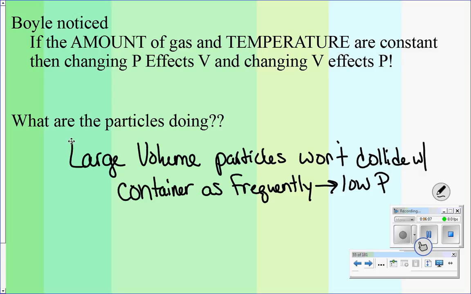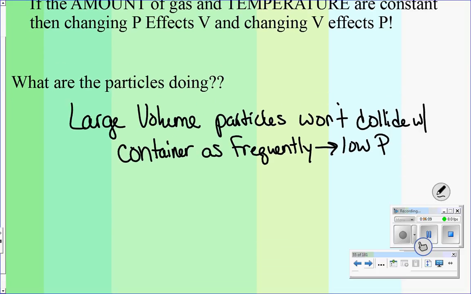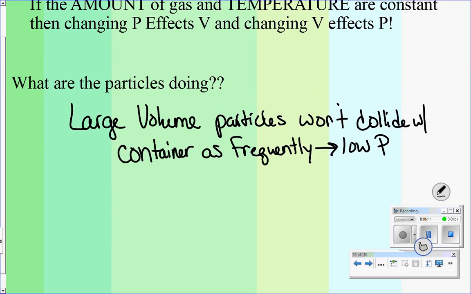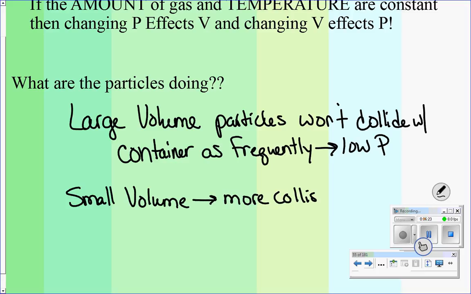This is like being in a large room. If you take a certain number of people and then you take them to a small room where you have a small volume, and those people are walking around in that small room, you're going to have more particle collisions, it's more crowded, and therefore you're going to have higher pressure.